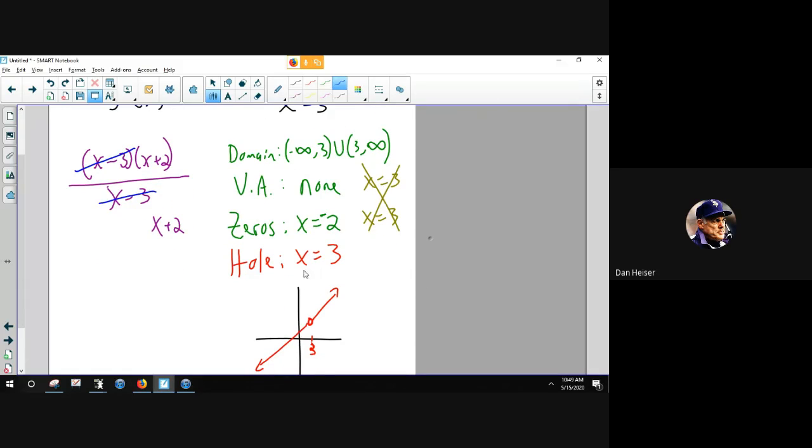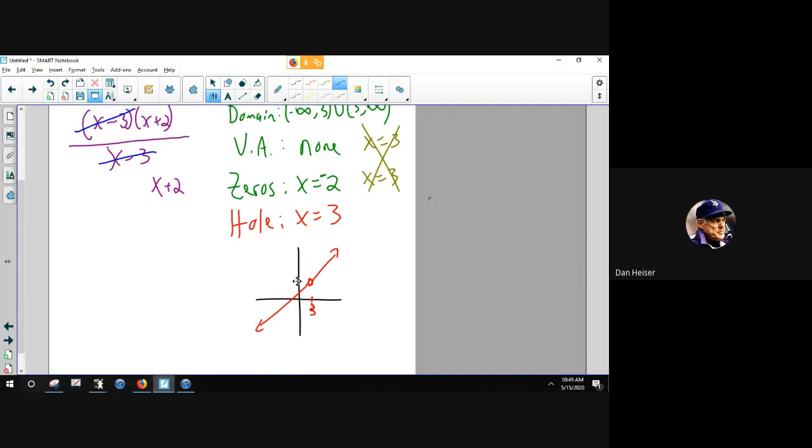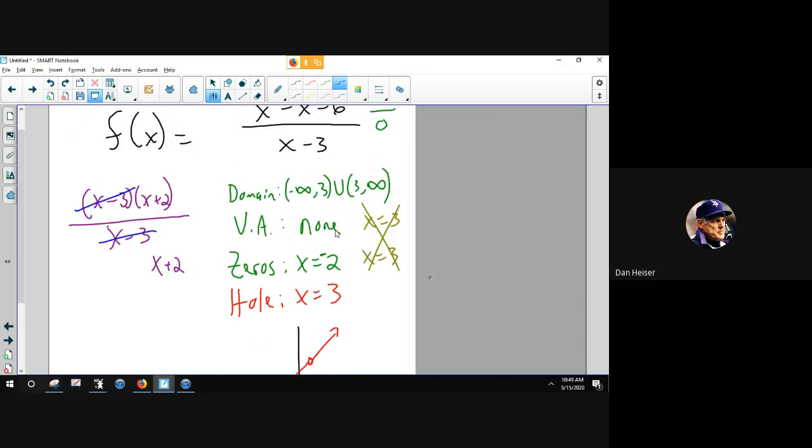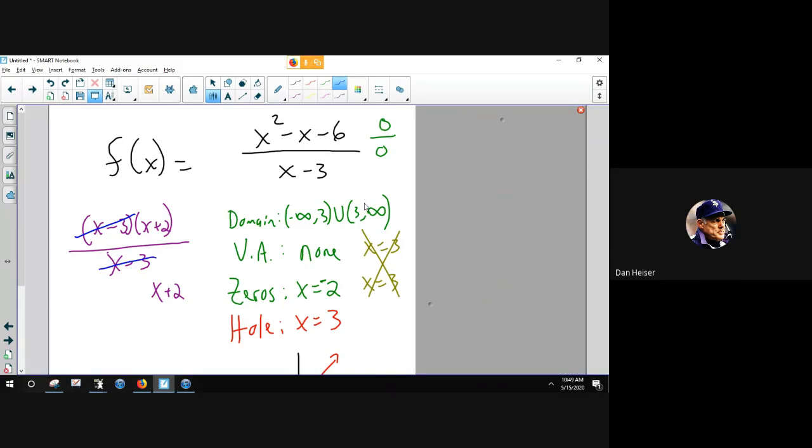So we're going to put a hole there and just say that doesn't exist. We take it out of the domain. We don't need a vertical asymptote, because when we graph every single other point, we do get what appears to be a line, but it's not a line. Okay?